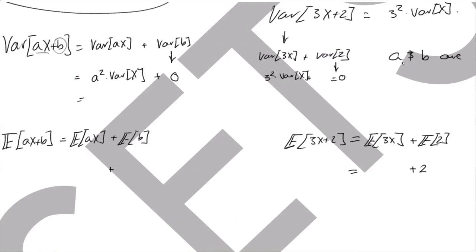If b is just a constant, it should just be b itself. Does that make sense? And expected value is not a square term. So what's the expected value of 3x? It should just be 3 times the expected value of x. So the expected value of ax should be a times the expected value of x.